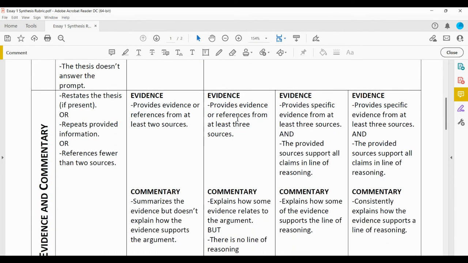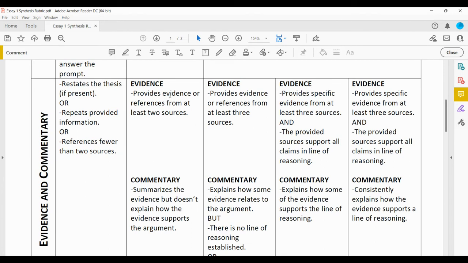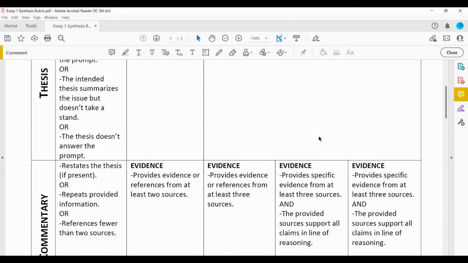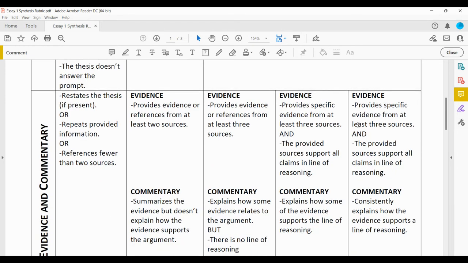Now, evidence and commentary, you have to meet both requirements for the evidence and for the commentary in order to get your point. Because we are interested in earning a 4 or higher, which would mean you would need to earn 3 or 4 points for evidence and commentary, let's focus on those 2 specifically.